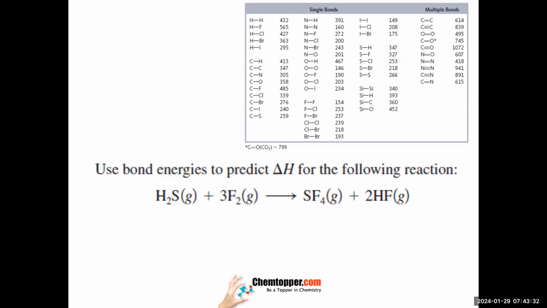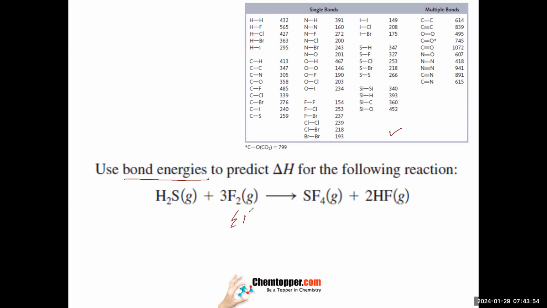So first you tell me in this question, which equation you are going to use. You have done so many equations. You are dealing with bond energies. Table is given. So which equation?